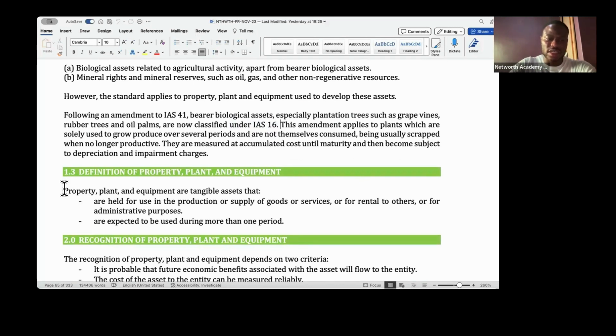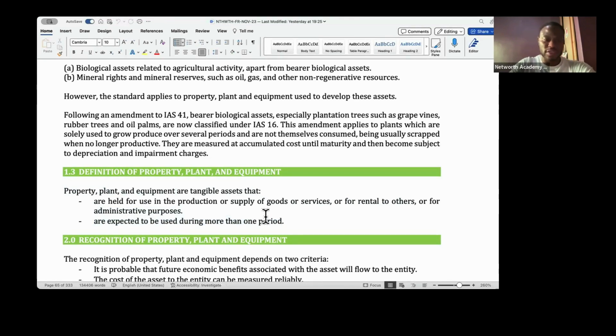IAS 16 said that property, plant, and equipment are tangible assets that are held for use in the production or supply of goods or services, or for rental to others, or for administrative purposes, and are expected to be used during more than one period.